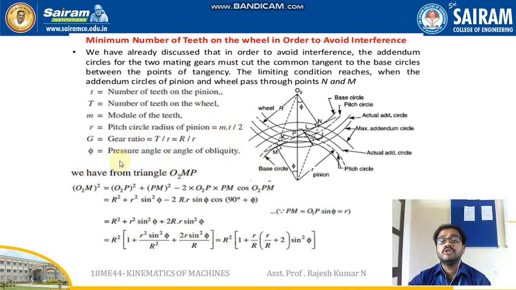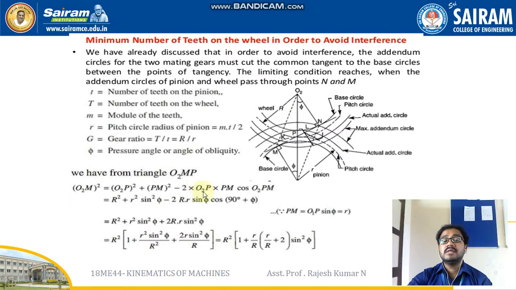Next is the gear ratio, which I denote with capital G, which is the number of teeth on the wheel divided by the number of teeth on the pinion, or it can also be written as capital R by small r. And next is phi, the pressure angle, the angle of obliquity. We already know all these terms which we discussed.